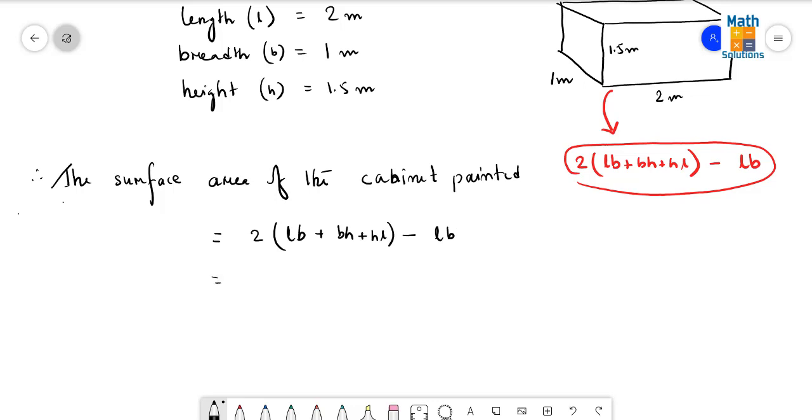So ultimately what we shall be getting, after putting the values, in place of L we can put 2, in place of B it is 1 into 1.5 plus 1.5 into 2 minus it is 2 into 1. So the whole thing centimeter square, sorry, it is meter square.